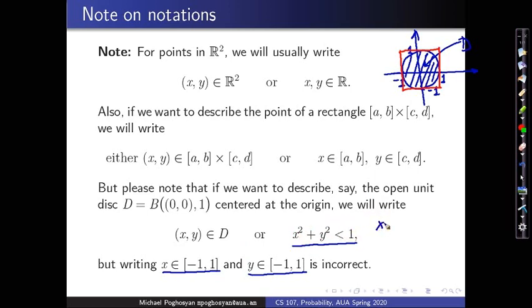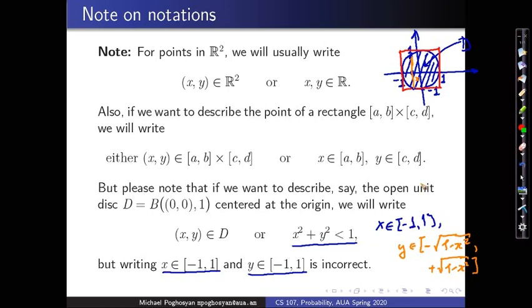First, describe my disk in terms of x. So x is from -1 to 1. And then for any x, say this point is x, I need to describe where y is running. So y will run from -square root of 1 minus x squared to plus square root of 1 minus x squared.